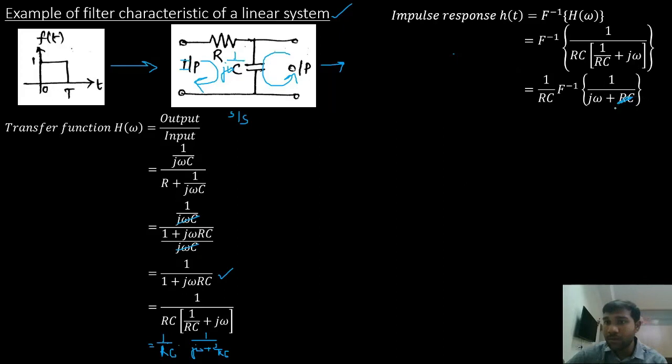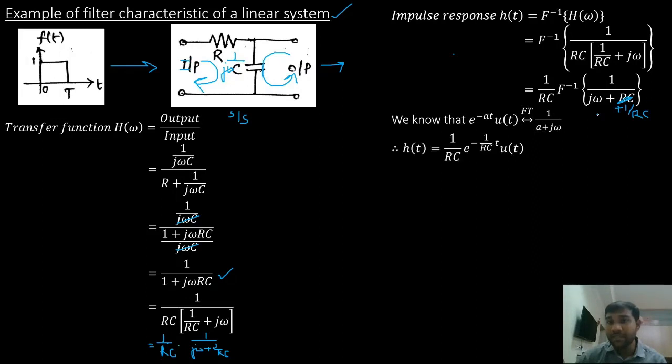Now in place of A I have 1 by RC. So 1 by RC into e power minus t by RC into u of t. This is my impulse response.